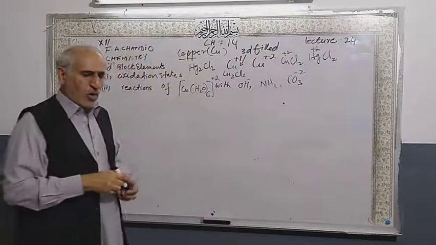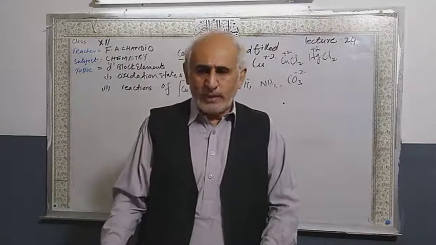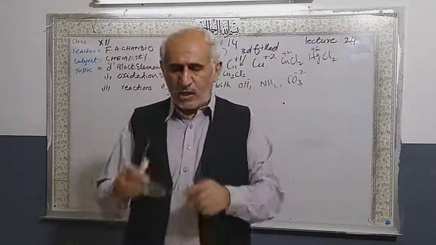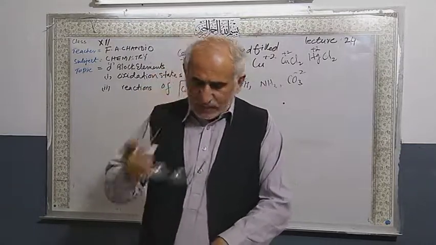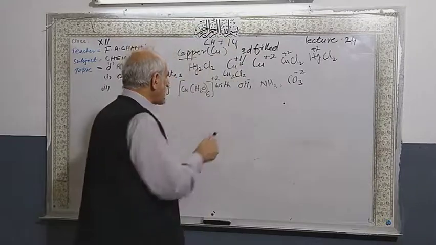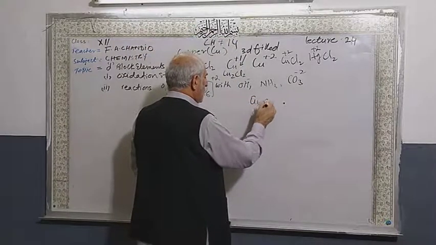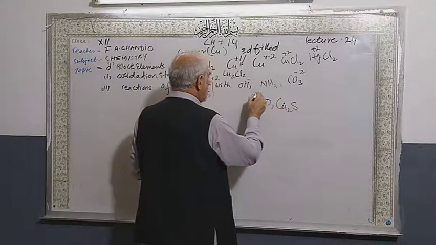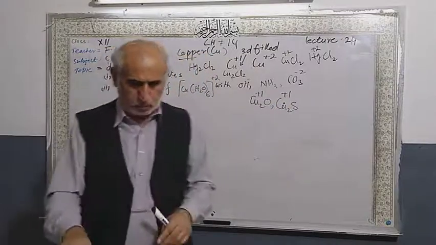If there is no unpaired electron, only paired electrons, it is not attracted towards a magnetic field. So this is diamagnetic. Just like cuprous oxide and cuprous sulfide, the oxidation state is positive 1.